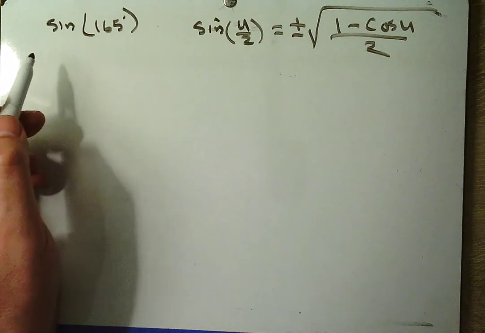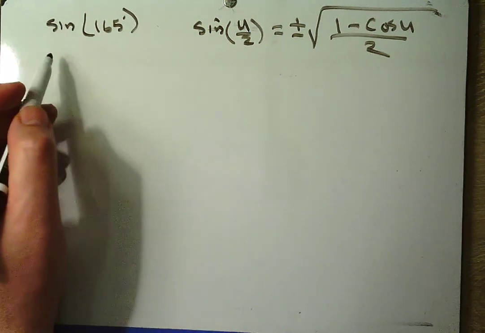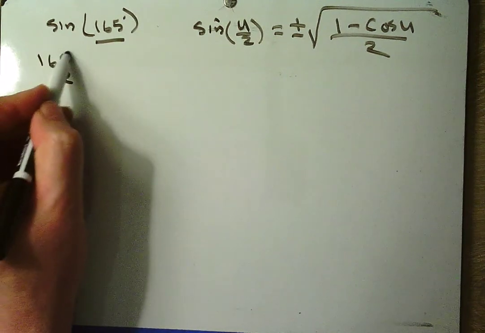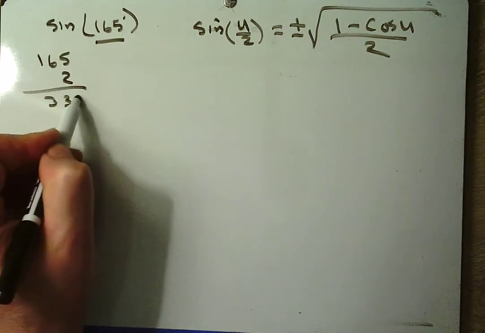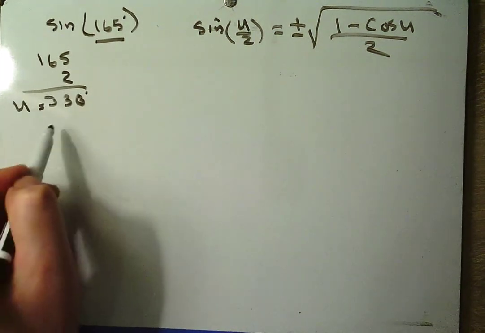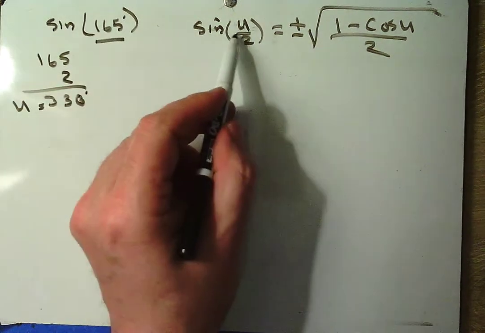Okay, so what's twice as big as this? 2 times 165 is 330 degrees. And that's my u. This is my u over 2.